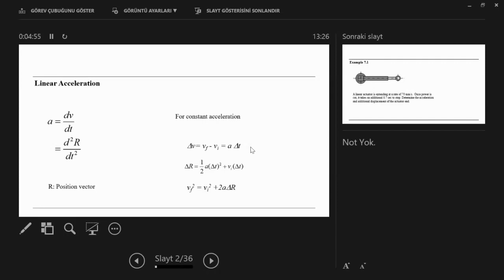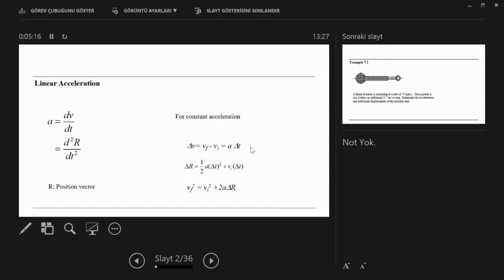First, linear acceleration. The acceleration is equal to dv over dt, the differential of the velocity over time.